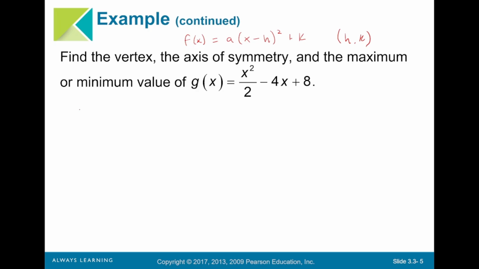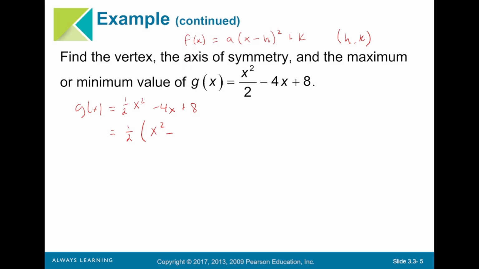So we have g of x equals, and I'm going to write this 1/2 x squared minus 4x plus 8. And we're going to, again, do that kind of same concept as completing the square. So what I need is a 1 in front of my x squared, not a 1/2. So I'm actually going to pull that to the very front of everything and factor it out of everything.